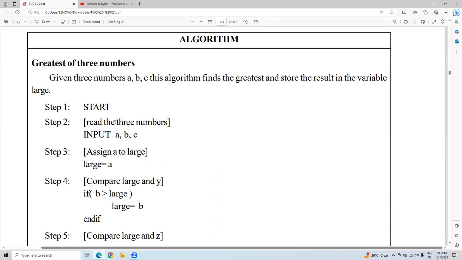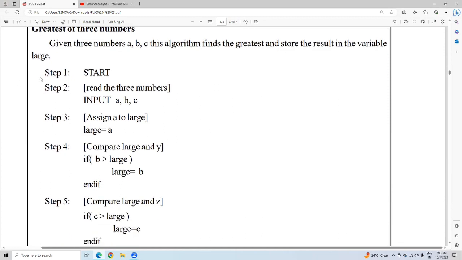Now one more example, greatest of 3 numbers. See, they have taken start. After that, read the 3 numbers. Pseudocode is input A, B, C. Then assign A to large.